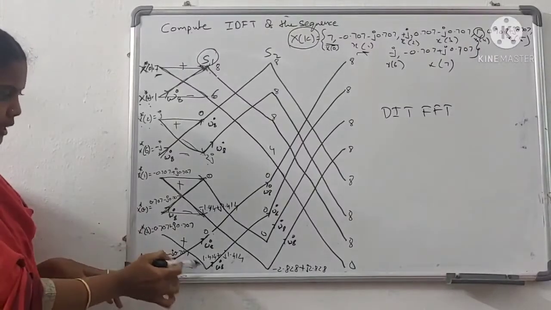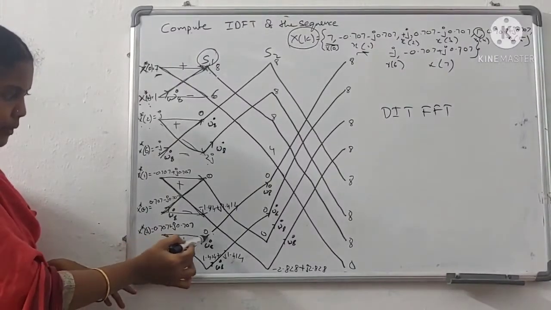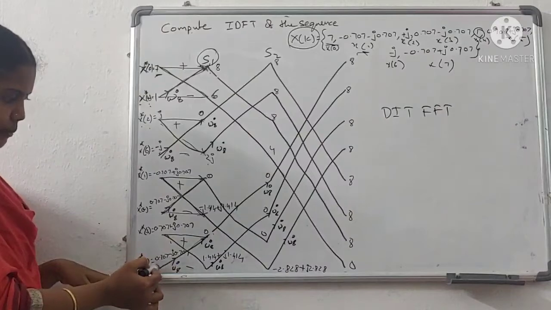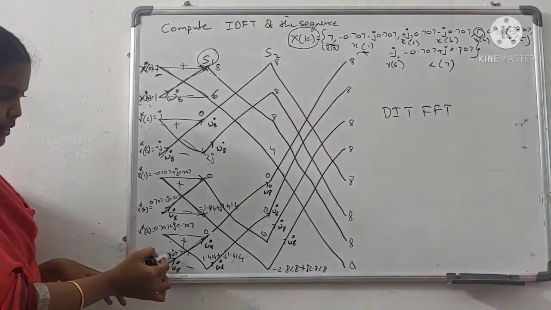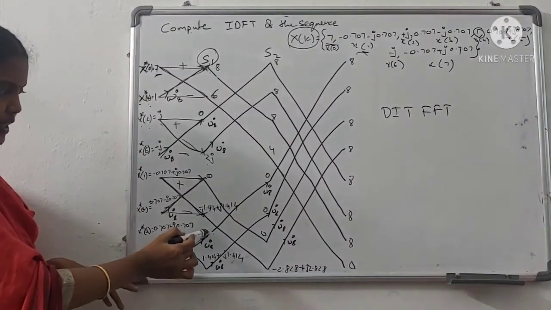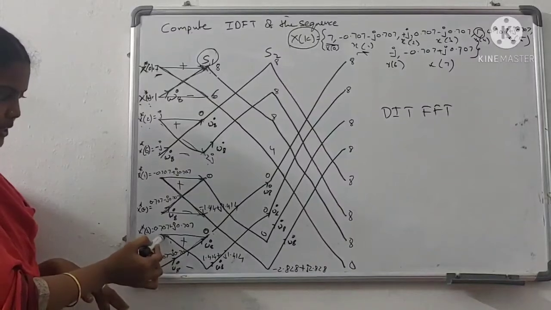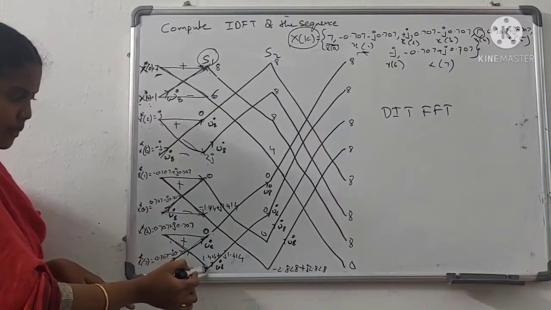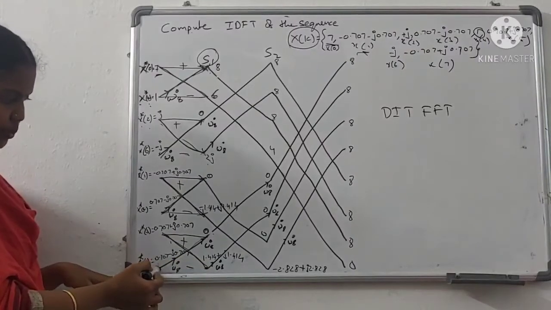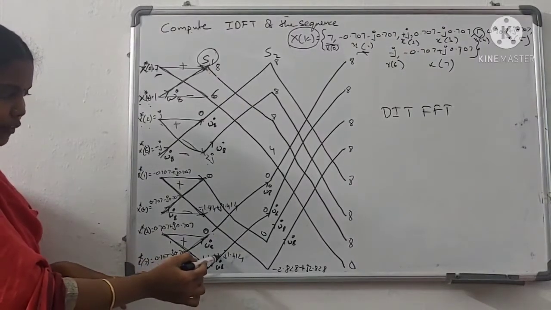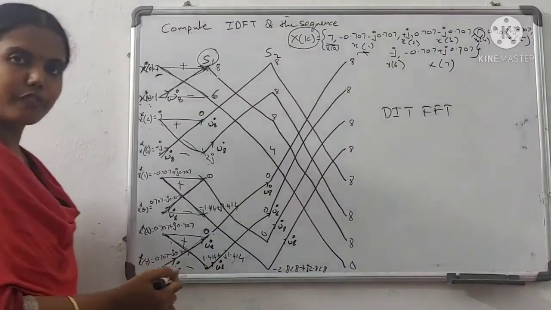Okay. So again, one input is 0 and second input is 0.707 minus j 0.707. You are getting the value as 0. So in the last point, one input is this one minus this one. So you are getting 1.414 plus j 1.414.